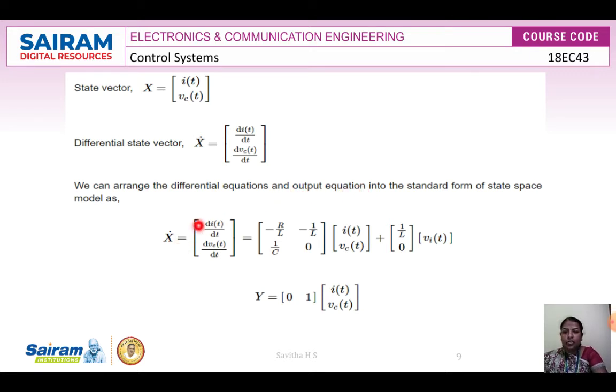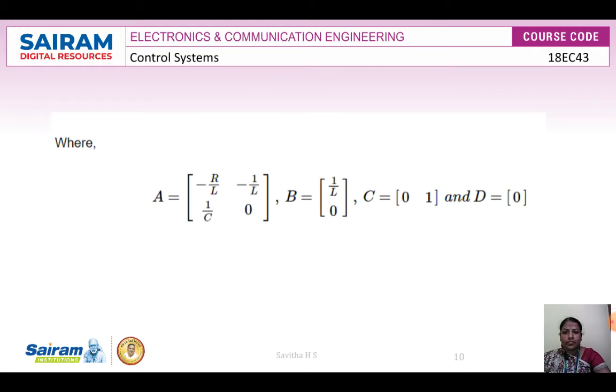So x dot, which is di of t by dt and dVc of t by dt, is equal to the matrix minus R by L, minus 1 by L, and the second row 1 by C and 0, multiplied by I of t and Vc of t, plus 1 by L and 0 times Vi of t, where y is equal to 0 1 times I of t and Vc of t. So A is equal to minus R by L, minus 1 by L, 1 by C and 0, B is 1 by L and 0, C is 0 1 and D is 0.